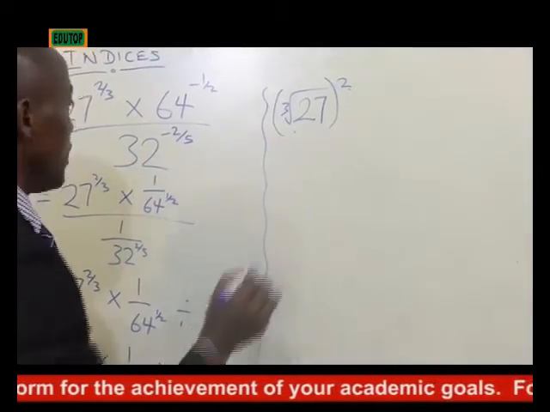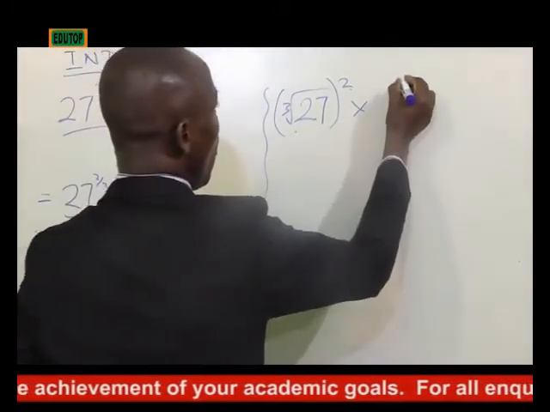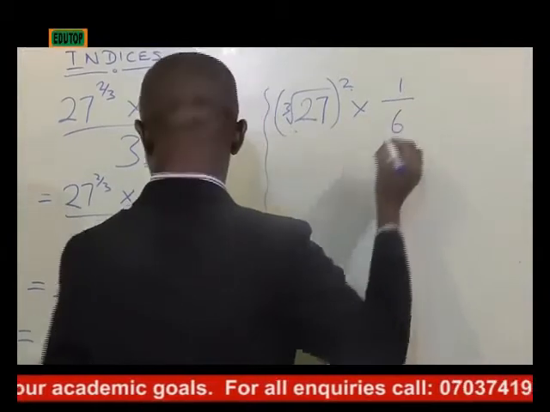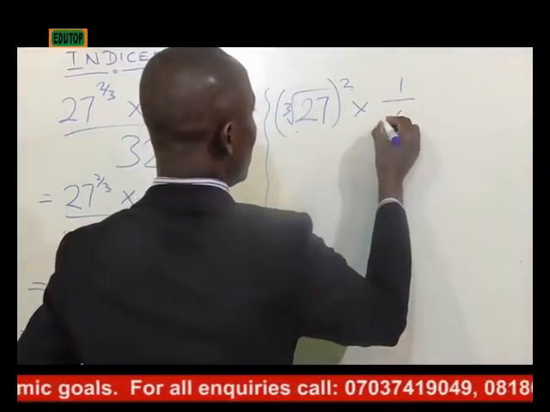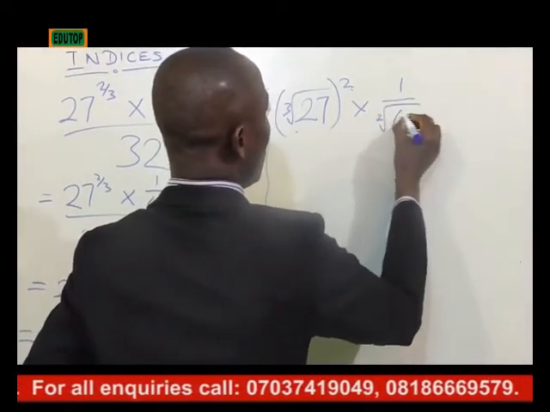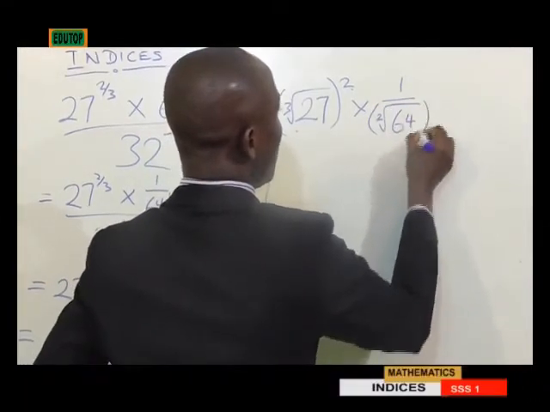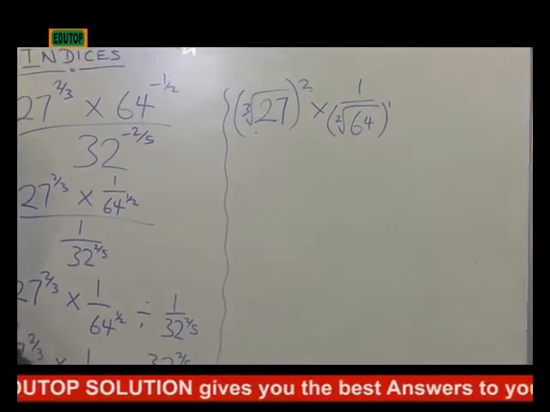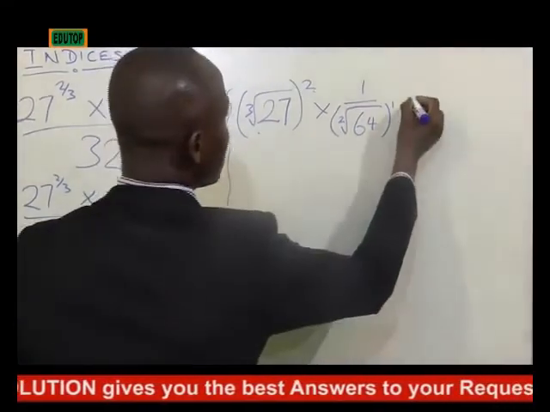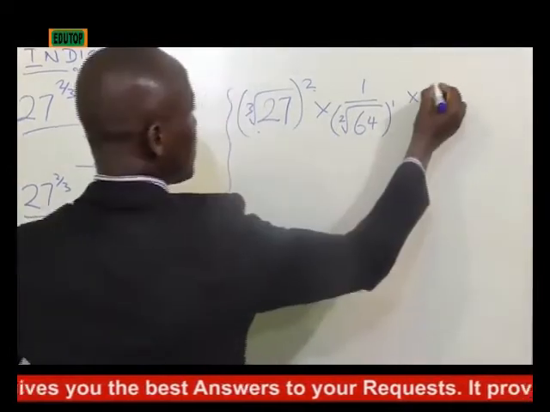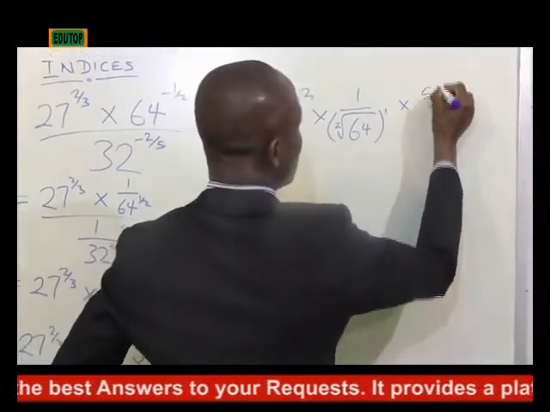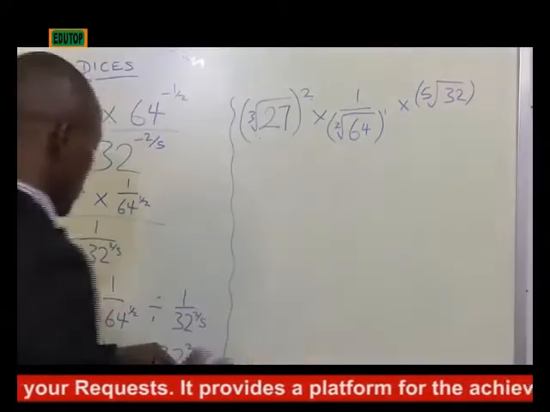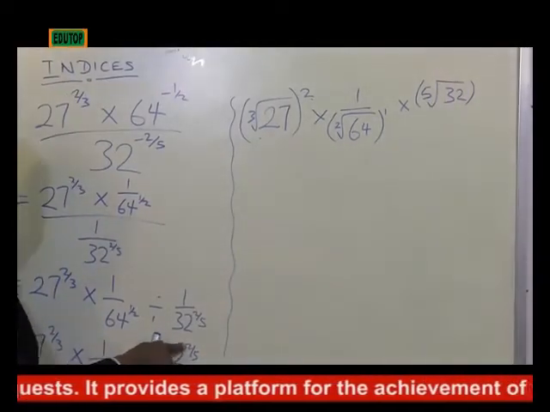Then times 1 over the square root of 64, everything raised to power 1. Anything raised to power 1 will still give us back the number, times the fifth root of 32, everything raised to power 2.